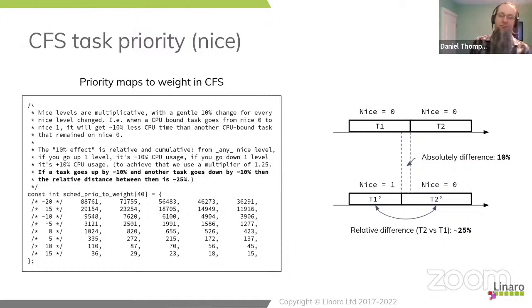So n+2 gives you, roughly speaking, 25%, and you can see then the difference in weight between something at nice level 0, 1024 in this example, compared to a nice level 19, which is 15. If you have two compute intensive tasks, one at nice 0, one at nice 19, then the nice 19 is going to be very severely disfavored. It's getting about 1.5% of the CPU.